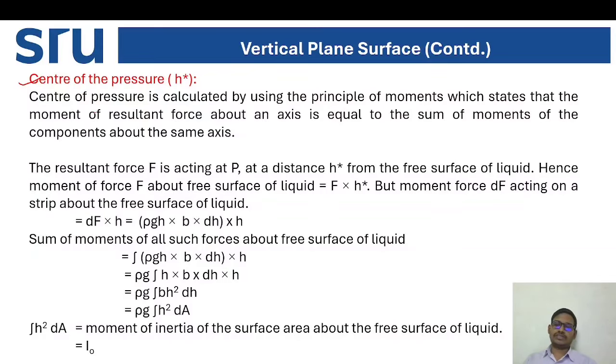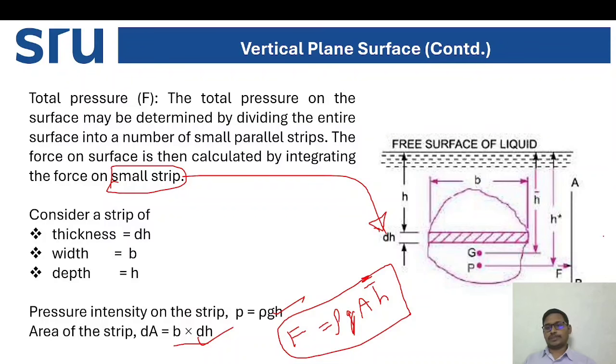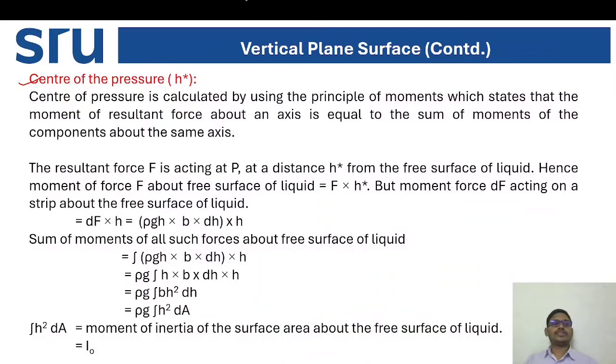Here we have seen h star, that is nothing but the distance from the free surface of the liquid to the center of pressure. So the simple definition: the center of pressure is calculated using the principle of moments, which states that the moment of the resultant force about an axis is equal to the sum of the moments of the components about the same axis.